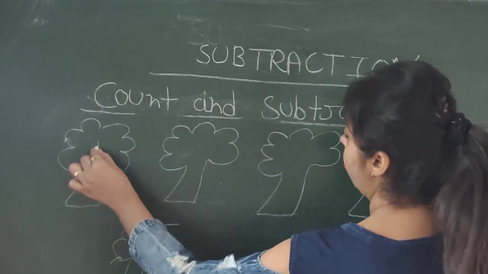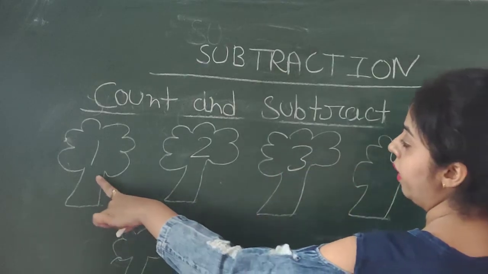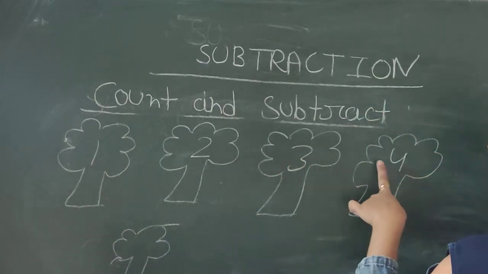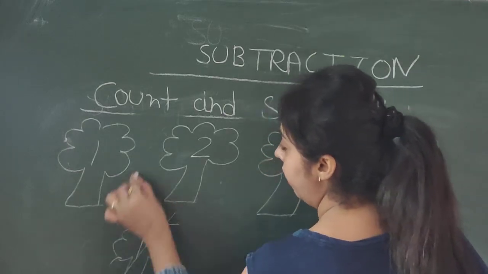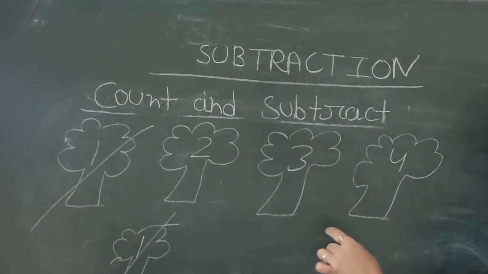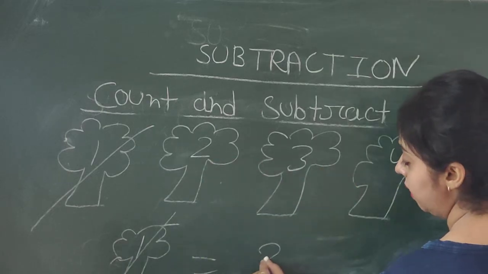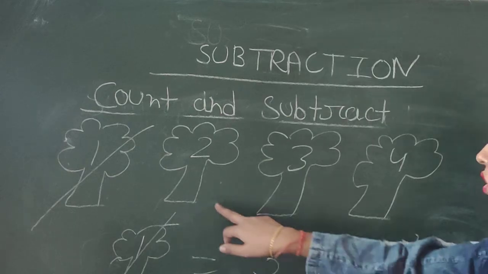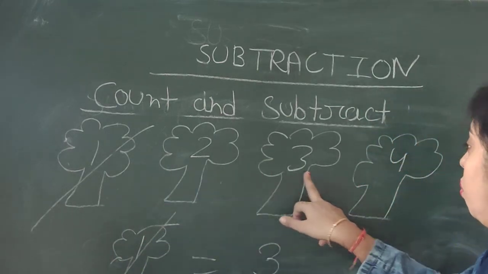Okay, 1 2 3 and 4. Count the trees 1 2 3 and 4 and subtract the one tree. 1 cut. So 1, 2 and 3. How will we write the answer? 3. कितने ट्रीज बचे? जब 1 ट्री को हमने कट कर दिया तो 1 2 and 3.